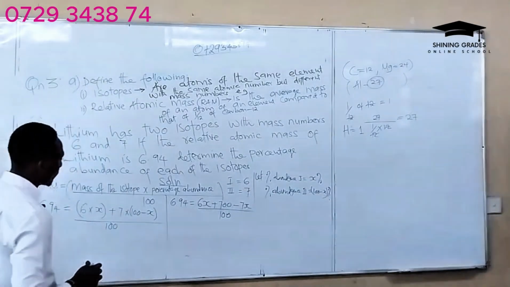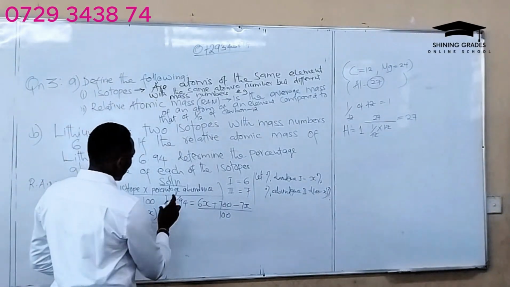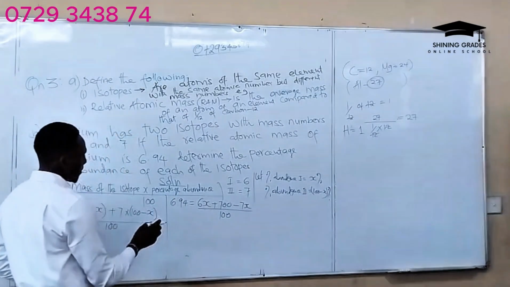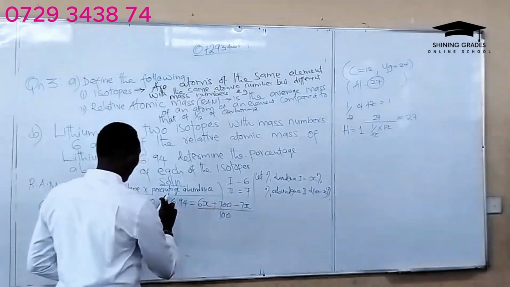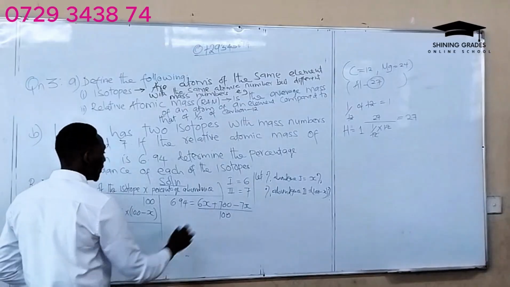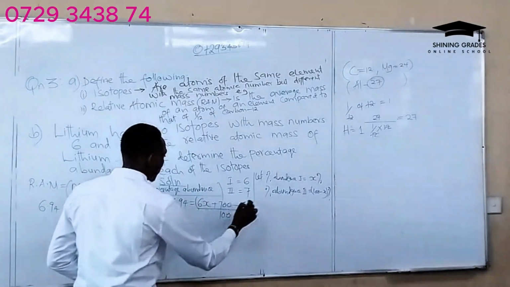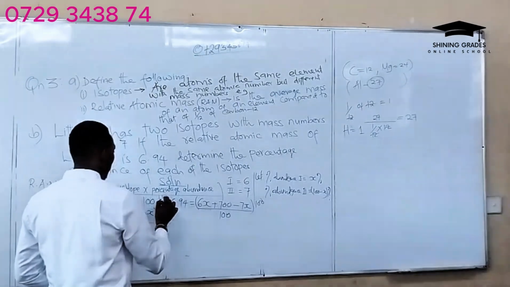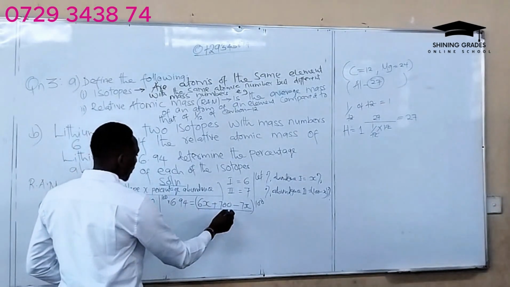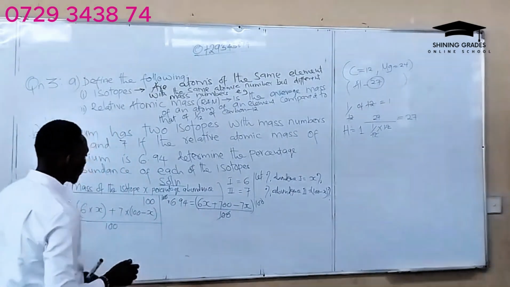Then to simplify this further, I multiply both sides by 100. So I cancel the 100 on this side.